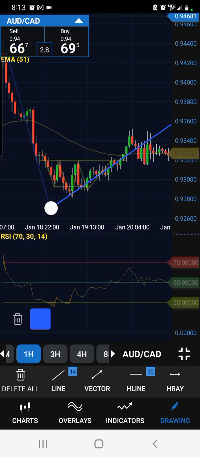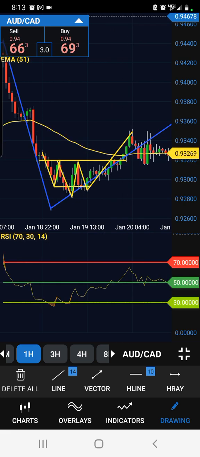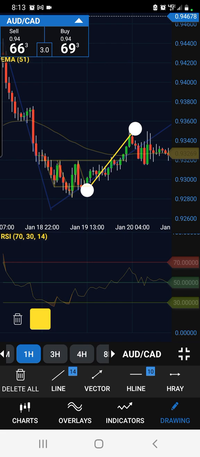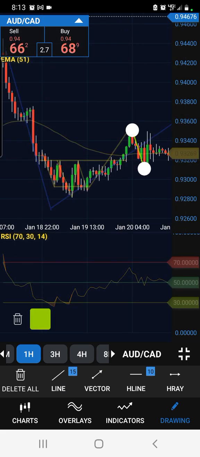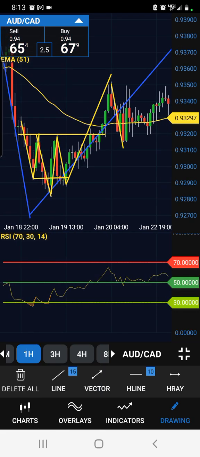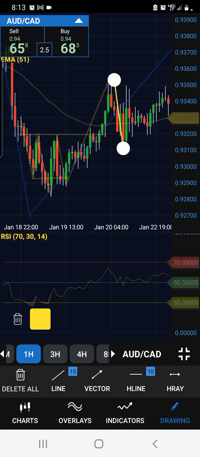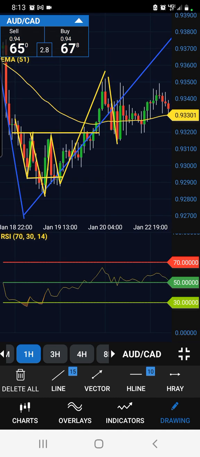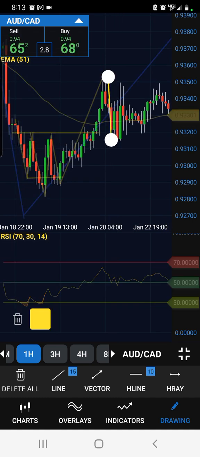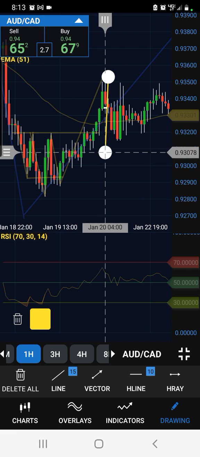You see, which it did. Then pull back, which it did. Then react to the level, which it did.